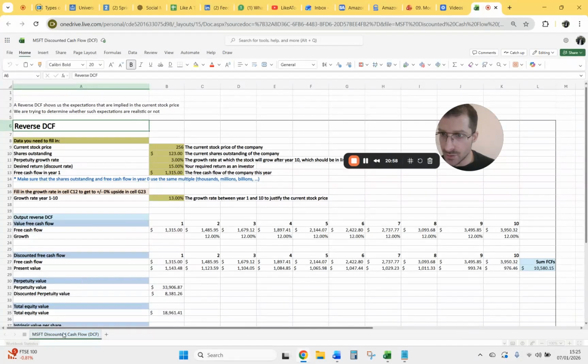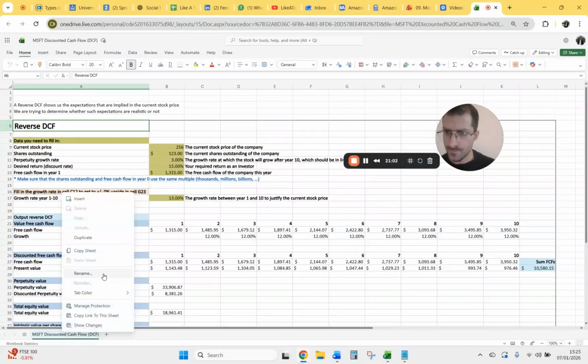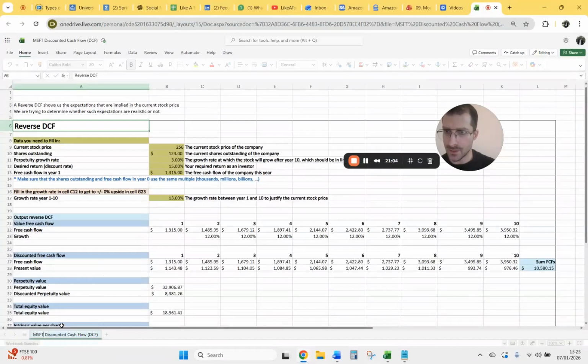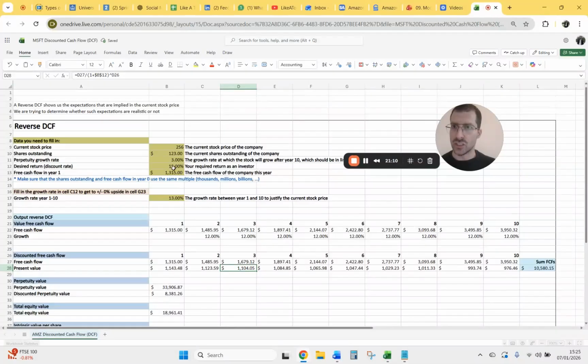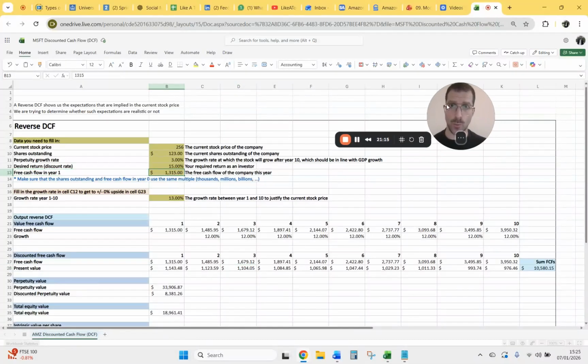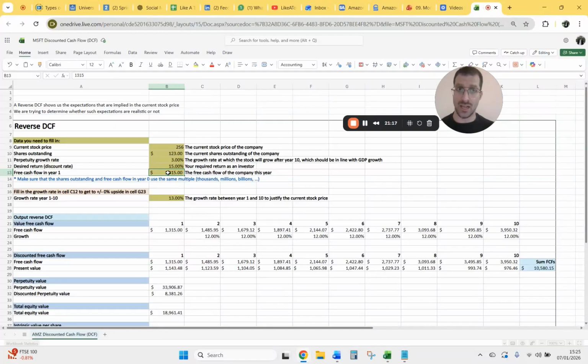Okay, let's rename it Amazon. Okay, cool. So let's start right here. The free cash flow in year one, you will be using this. So pay attention, as I populate the cells, because you will be using this template for your analysis as well if you decide to download it.